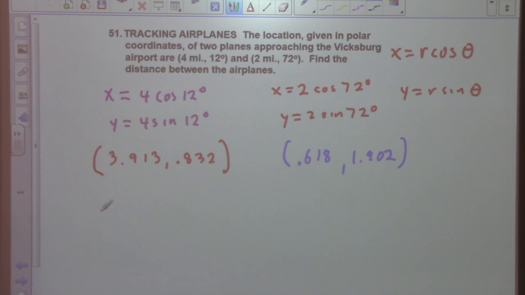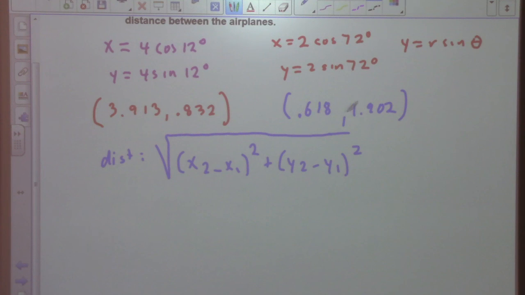And so basically now we have our distance. We can use our distance formula, which is going to be the square root of x2 minus x1 squared plus y2 minus y1 squared. You remember that? We find our distance. If we just take the difference between the x coordinates, we have 3.913 minus 0.618.